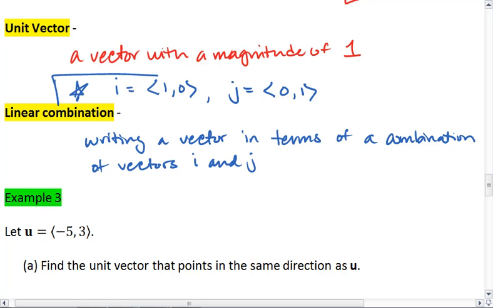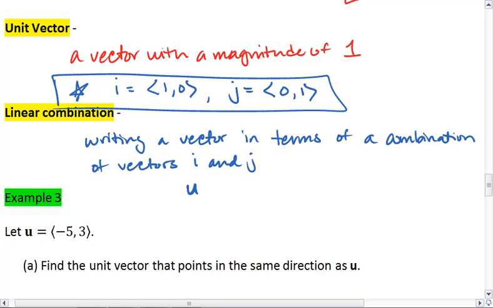So you really do need to have I and j well defined and know what those are. In particular, the way we do this is we break u in its component form of u1, u2 to u1 times I plus u2 times j, where u1 and u2 now become scalars.